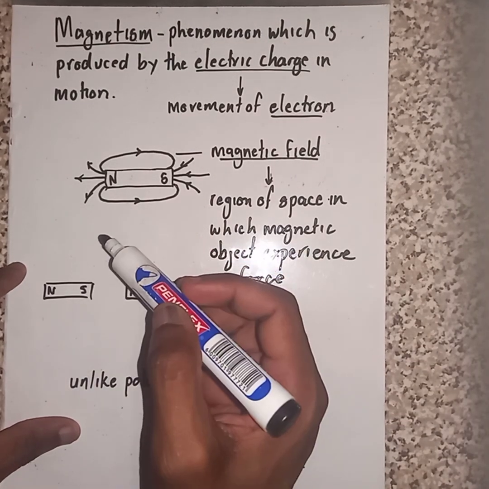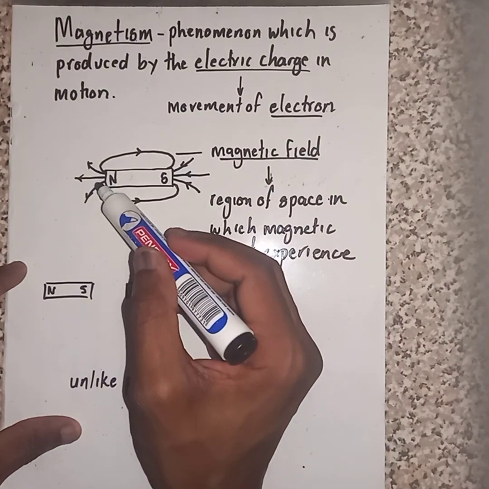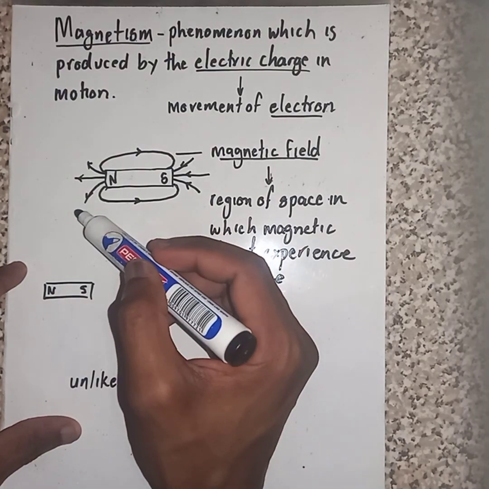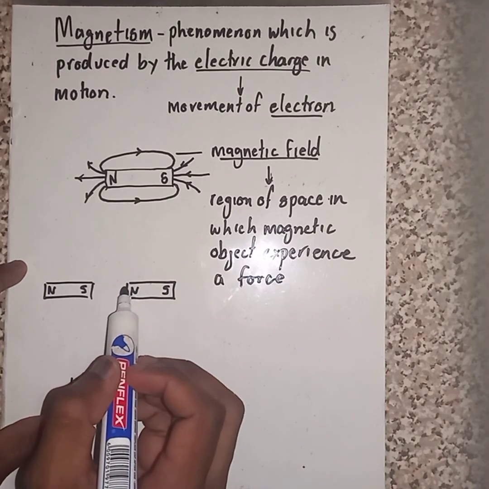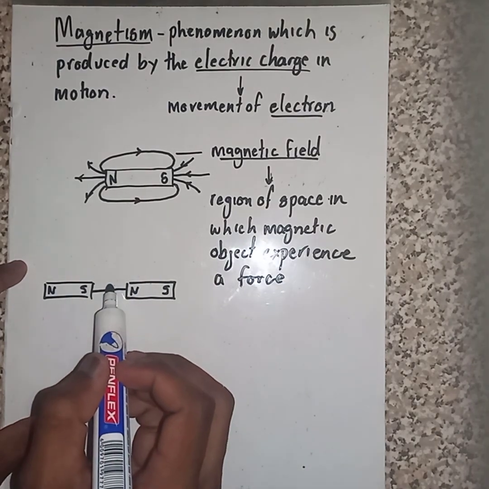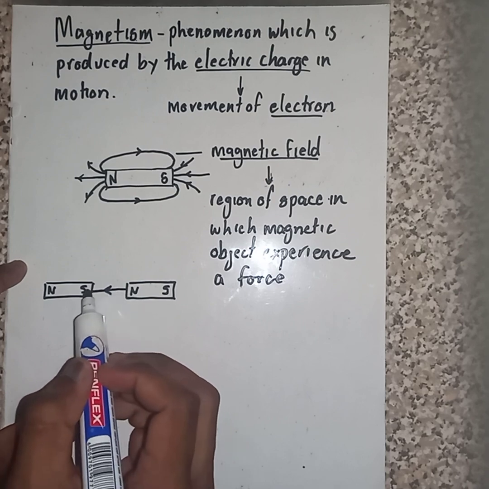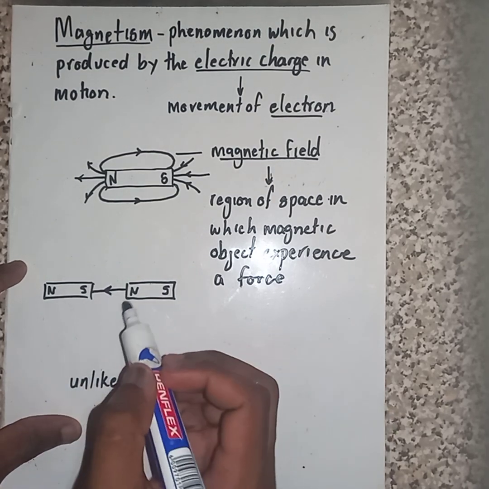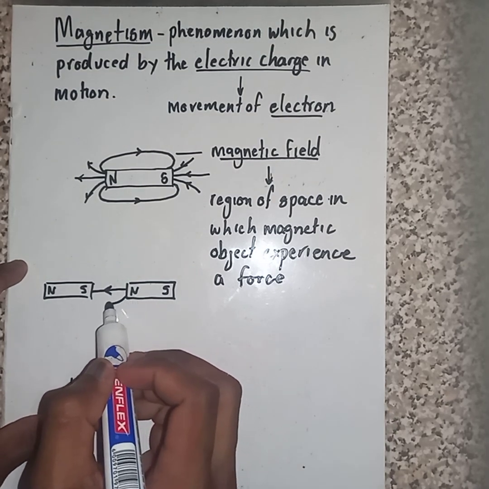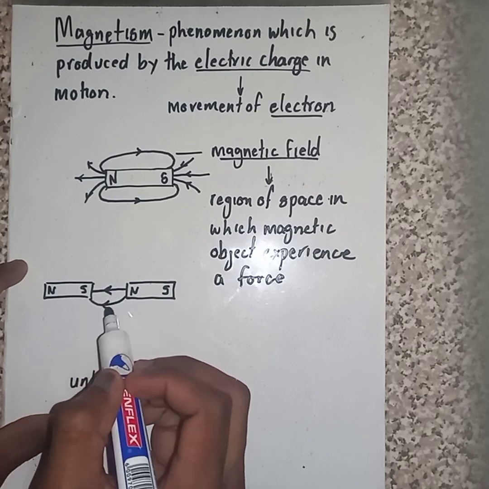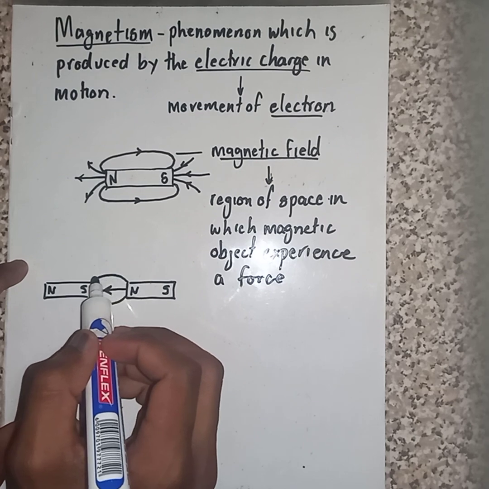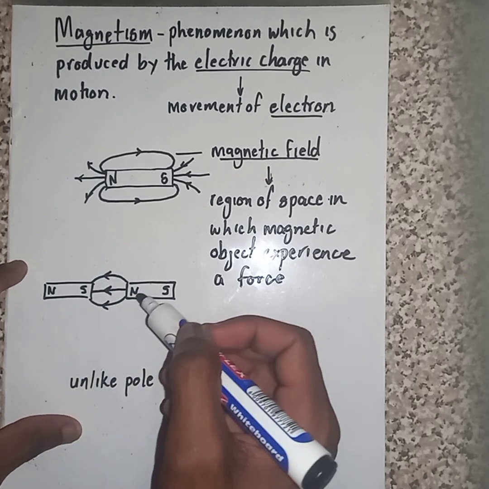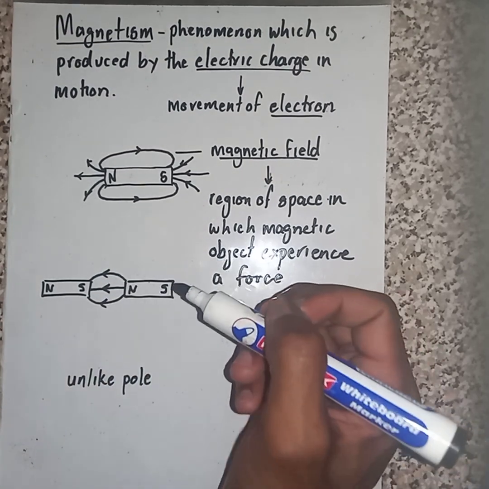Early on I said to you that the magnetic field always moves away from north but towards south. Same applies, away from north toward south. Even here, away from north toward south.